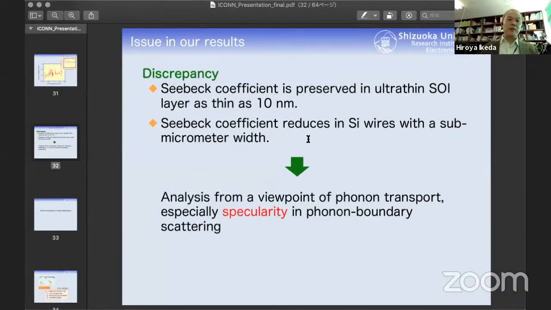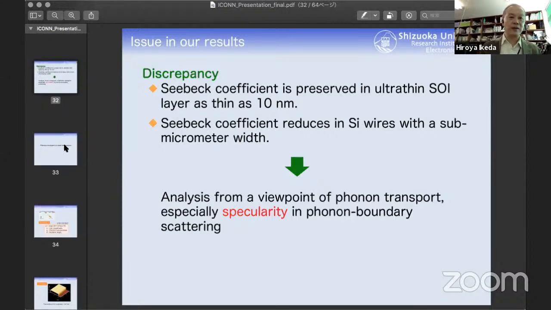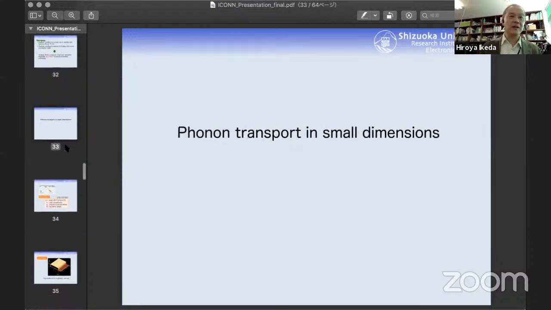So for solving this discrepancy, we analyze from a viewpoint of phonon transport, including specularity in phonon boundary scattering. So from here, I focus on the specularity in the silicon wire.